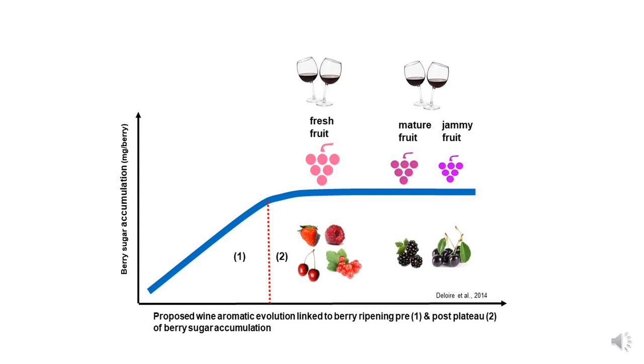This figure is showing that from the plateau of berry sugar accumulation, you have three important ripening stages, which are called respectively fresh fruit, mature fruit, and jammy fruit, which is overripe. So harvest dates are crucial in terms of wine styles.